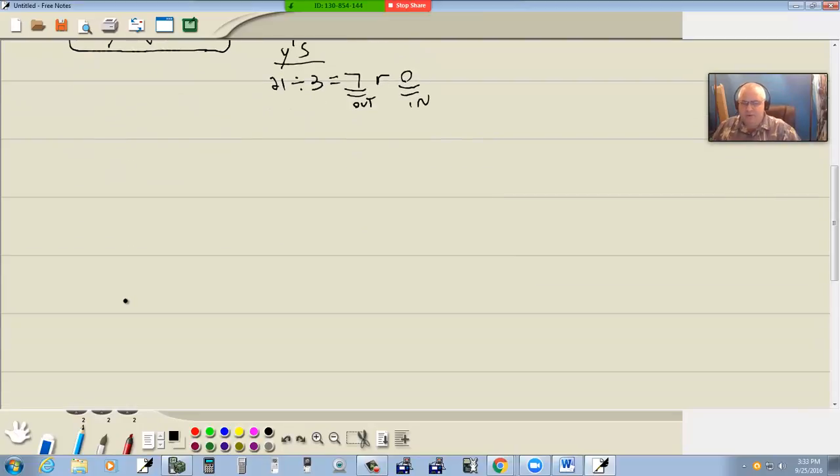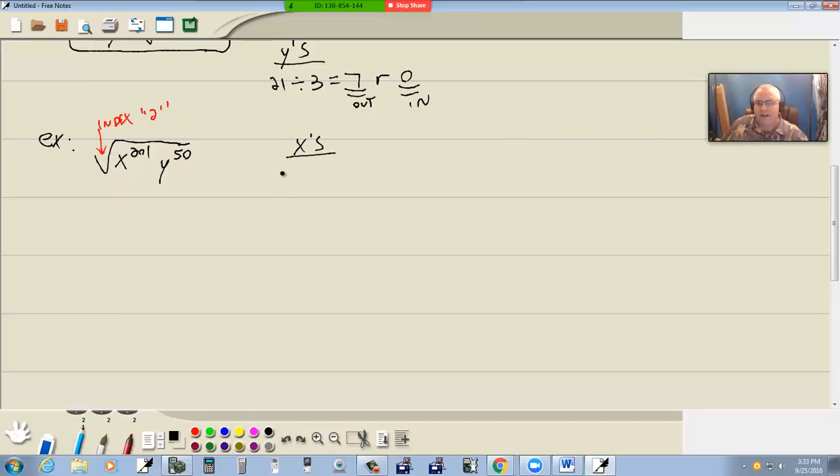Let me look at one more of those. We got square root of x to the 201, y to the 50th. Well, my index, remember, it's whatever number's in a slot. And if there is no number, it's by default 2.